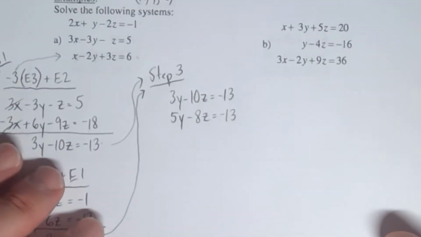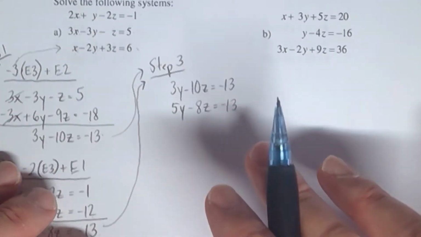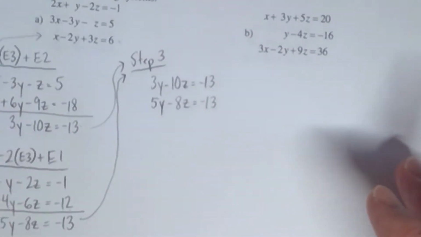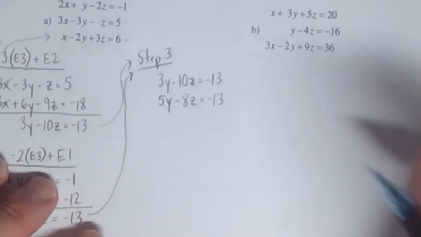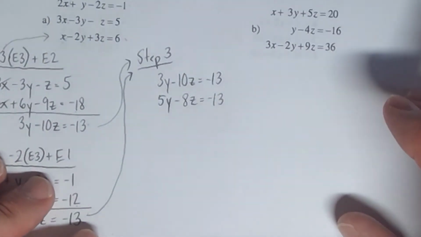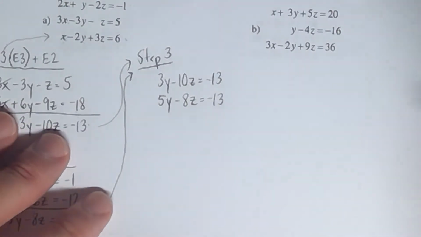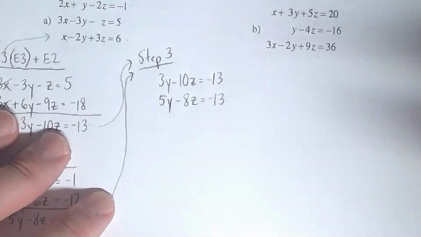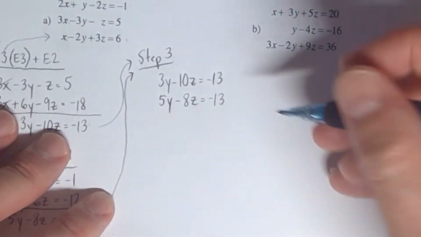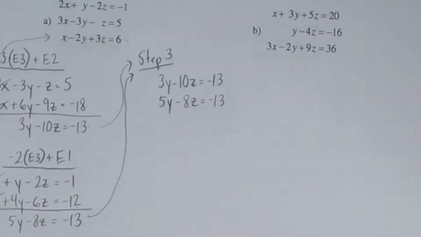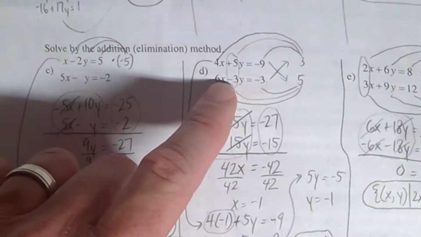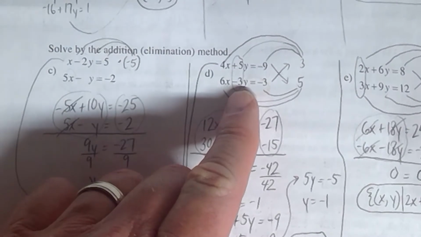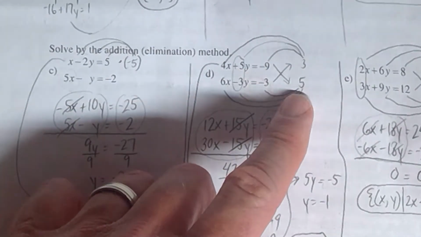So it looks like substitution is not a good idea here. I usually do the elimination method on all these anyway, but I'm just saying in step 3 you could do substitution to solve this brand new system if you really wanted to. Now, because I'm going to do elimination, and because 10 and 8 and 3 and 5 are not easy to eliminate by just multiplying one equation, we need to, again, do what we did here, which is to flip the coefficients of whichever variable you want to solve and then change the sign of one of them.